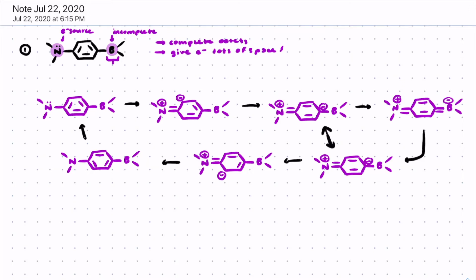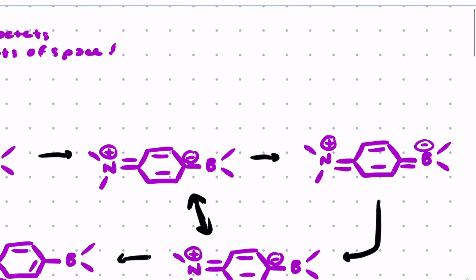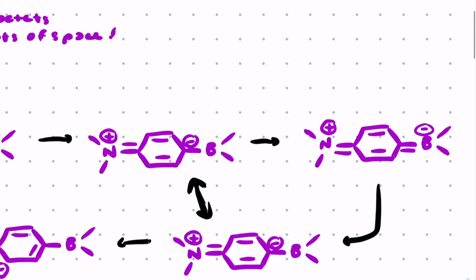However, there's not going to be a lot of these that are contributing. And this is what I tried to hint at before: we have this boron that is, literally, the only structure that has that boron with a complete octet, and therefore this entire structure has 0 incomplete octets.